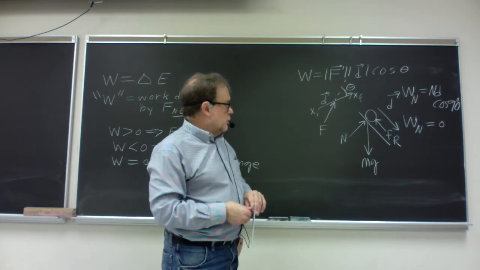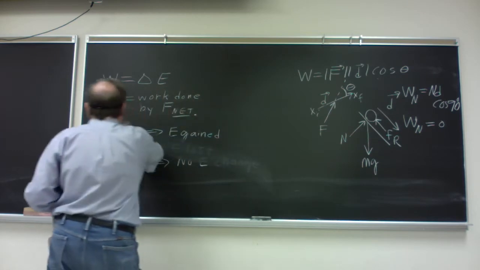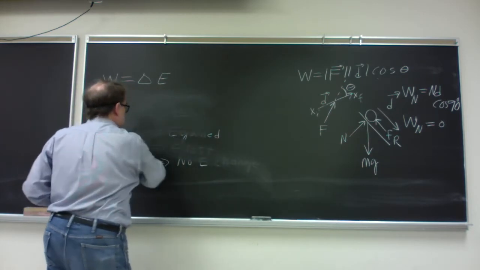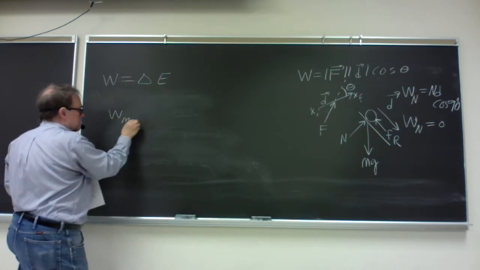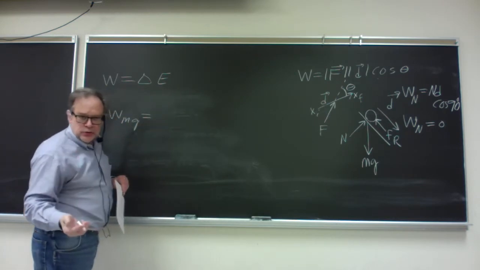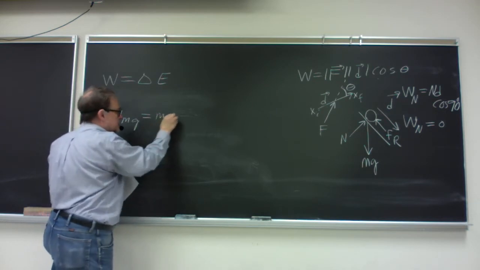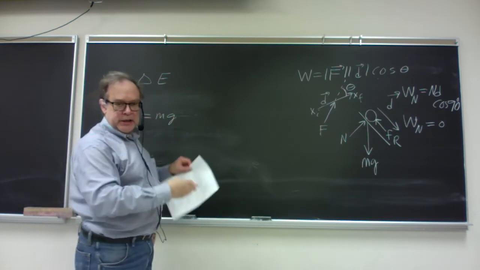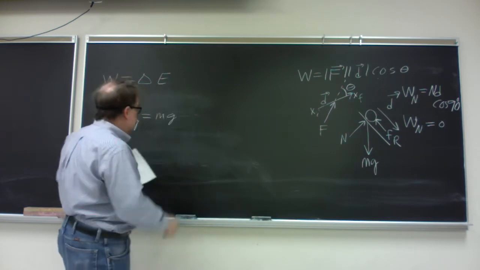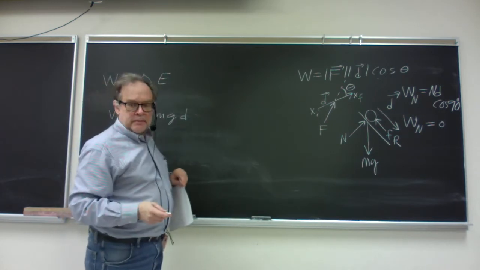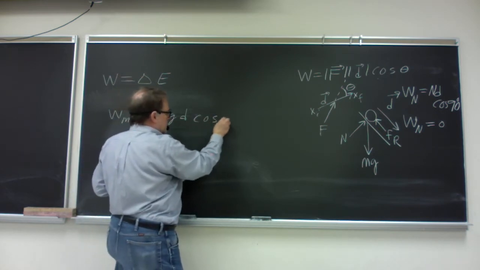On the other hand, what about the work done by weight? Work done by the weight is, again, just the magnitude of the force, the magnitude of the weight, m times g, whatever that might be in this case, times the magnitude of the displacement, just the distance between the starting point and the finishing point, times cosine of the angle between the displacement direction and the force direction.